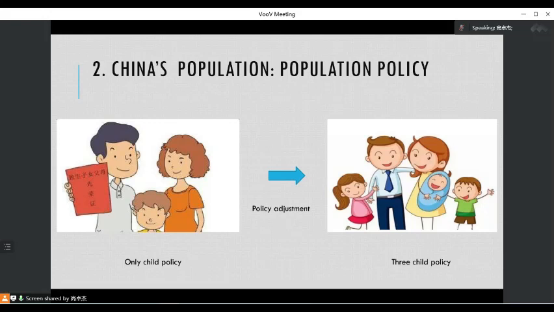One of the most obvious changes is that the Chinese government has begun to change from the original one-child policy to the three-child policy.